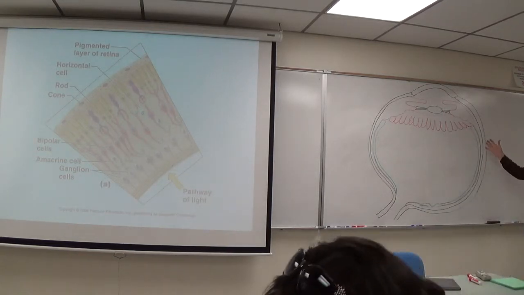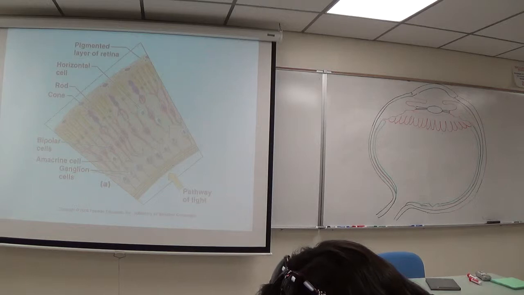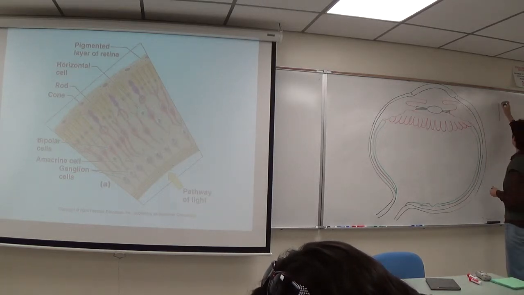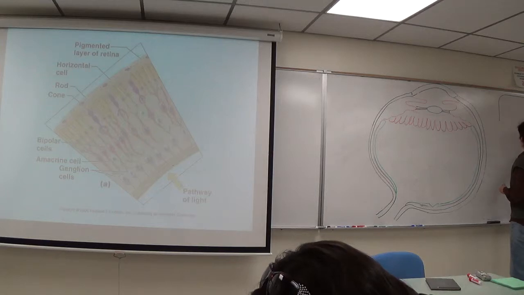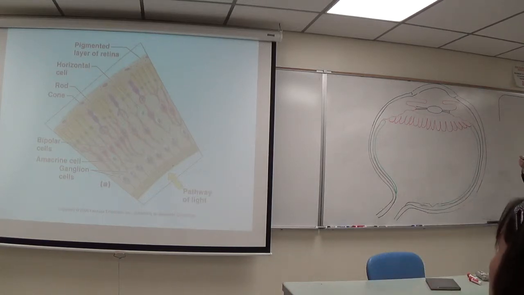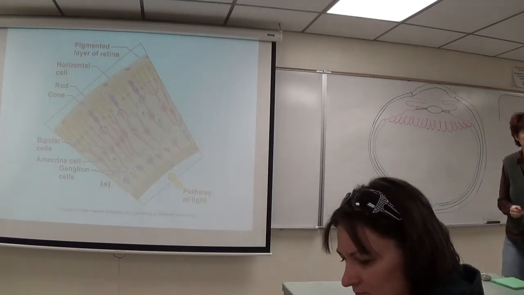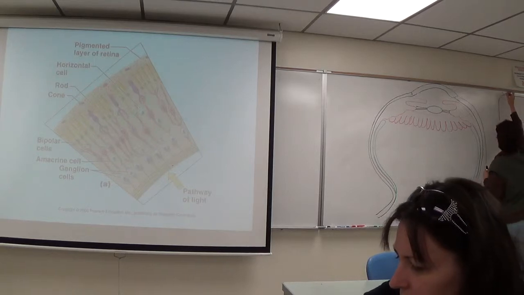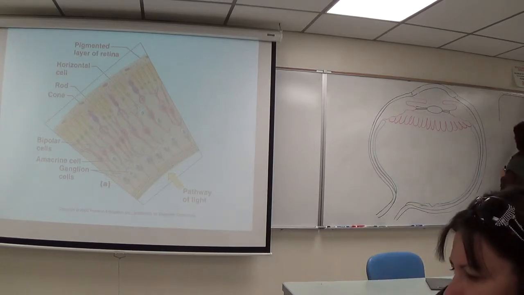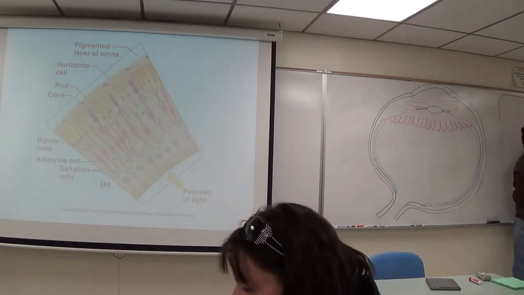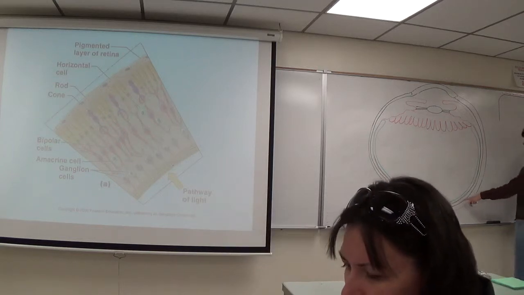So the outer layer of the nervous tunic was formed of pigmented epithelia. These are cuboidal cells. The base of the cuboidal cell would be up against the choroid, where the choroid is the vascular layer that's very rich in blood vessels and capillaries. So this would be the choroid layer, what I've drawn here in red.